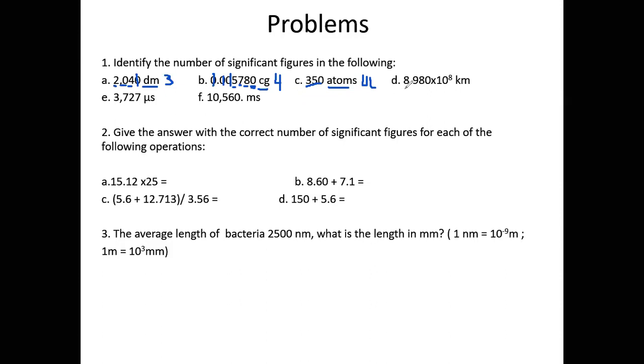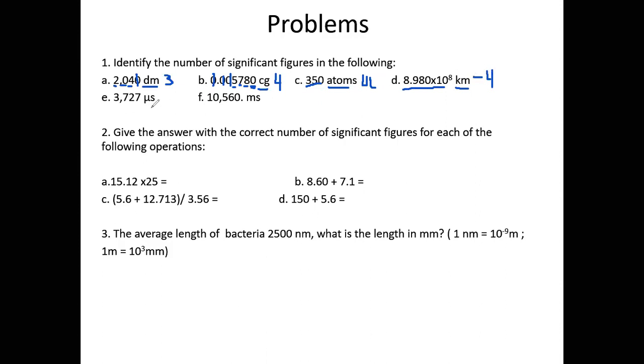Next, we have 8.980 times 10 to the 8 kilometers. So kilometer is something you can measure. And this is in scientific notation, so all digits are significant. So this is 4 significant figures. And it's not a minus, it's a dash to denote the 4 goes with that.